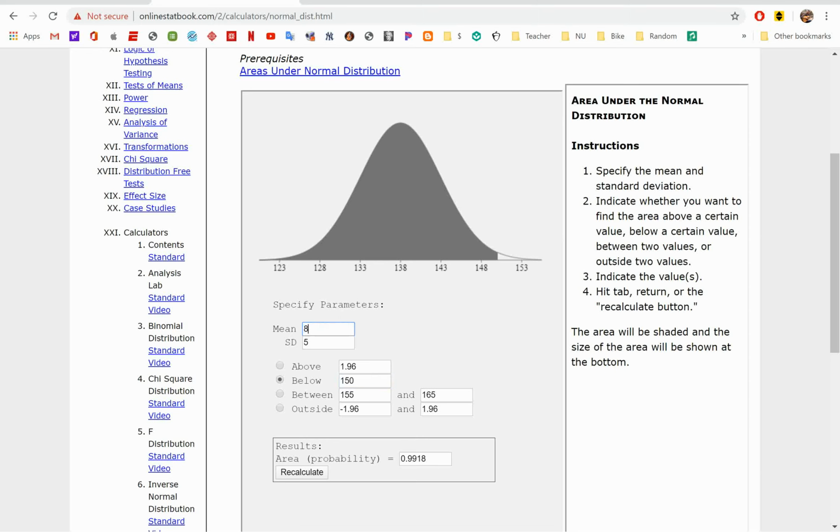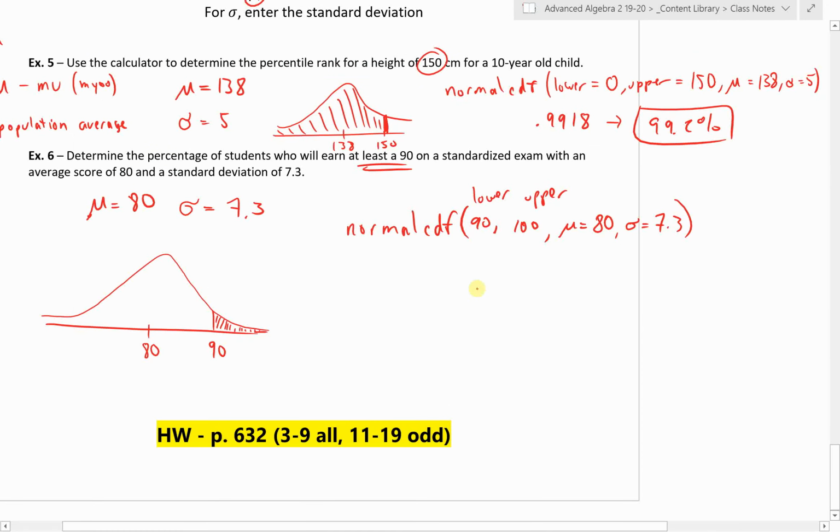We said the mean was 80, standard deviation was 7.3. We want to know what percentage are going to get above a 90. And we see 0.0854 is our proportion. So we'd expect about 8.5% of students will get above a 90, or I should say get at least a 90 the way they asked it.